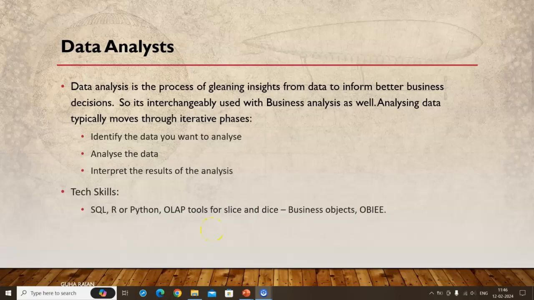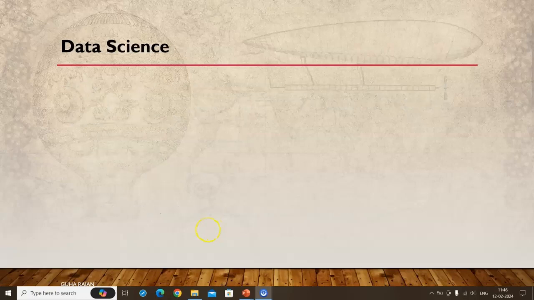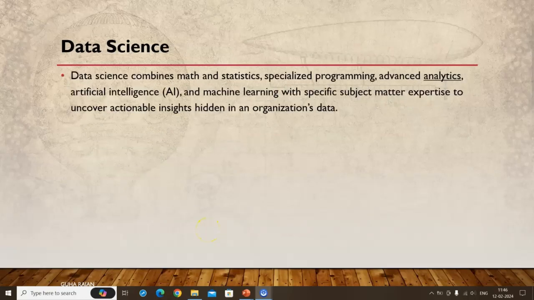So this is the next layer, and then subsequently the final one is all about data science. Data science is more, as I said, it has the word science. Once you say science, it involves mathematics or statistics, specialized programming, or advanced analytics, artificial intelligence, machine learning with specific subject matter expertise to uncover actionable insight hidden in the organization's data.